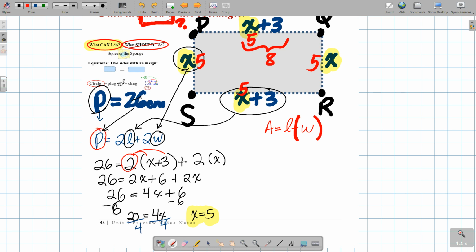Let's try another one. This is all new to you, but learn to use those 5 steps. Teacher example number 2. We're going to read with 3 body parts, 3 times.